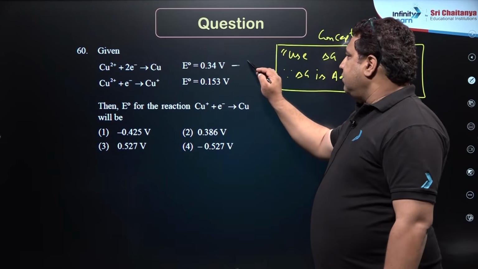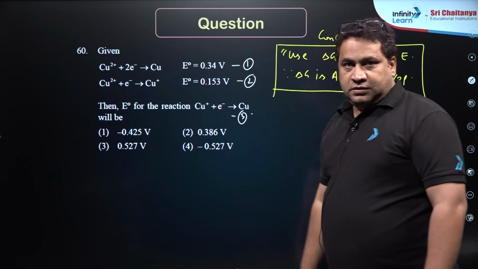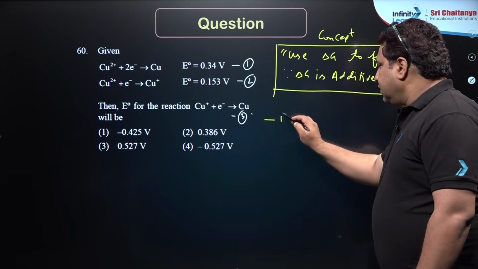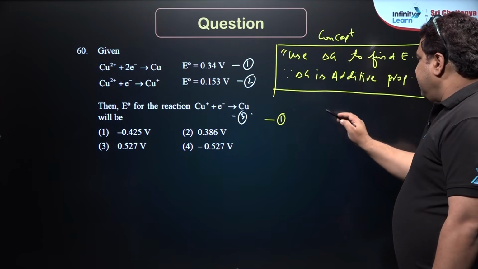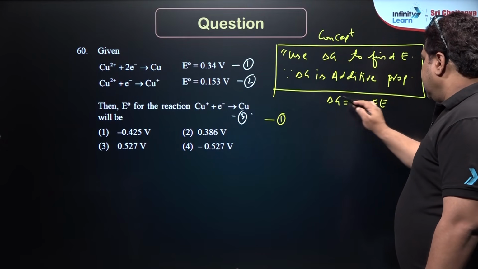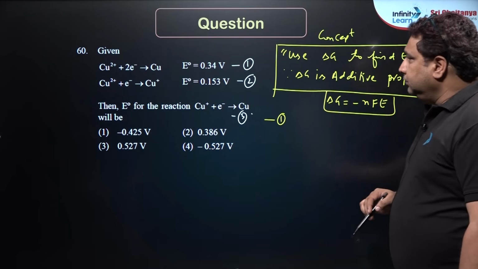If I call these equation 1, equation 2, equation 3, then from equation 1, what is the fundamental equation? Delta G is equal to minus nFE, correct? Where n is the number of electrons involved.